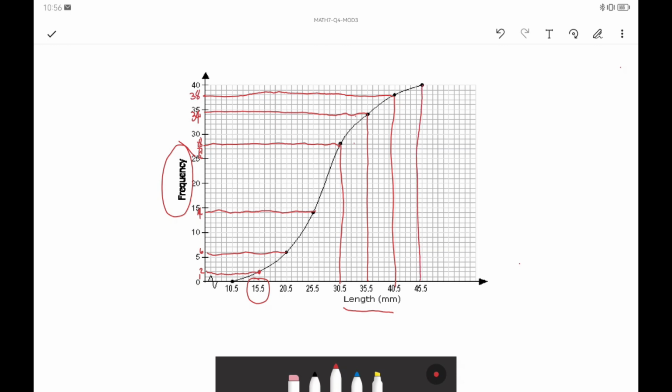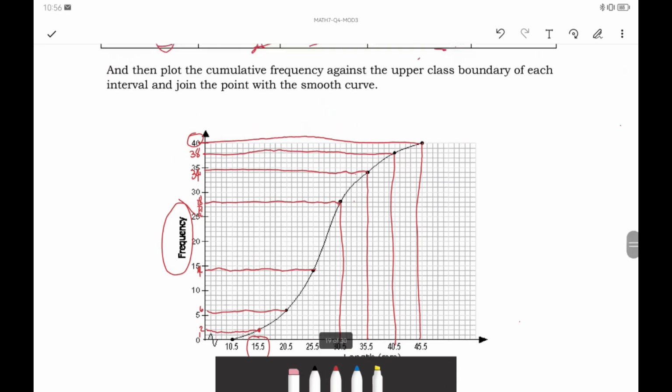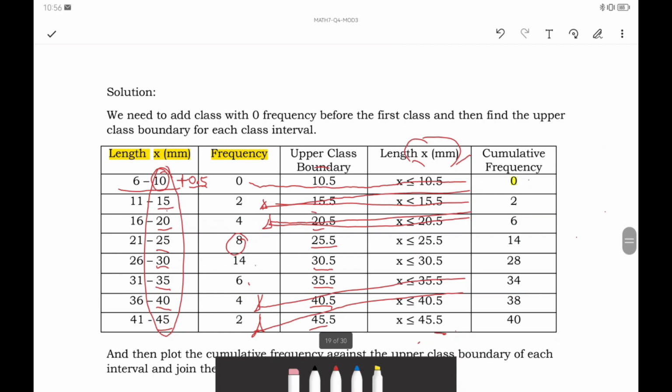While 45.5 is 40. So whatever is in the cumulative frequency is what we plot.